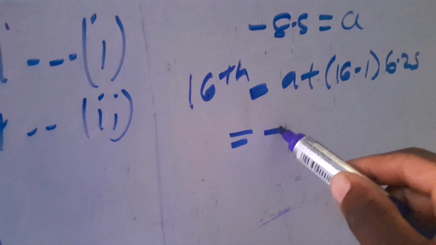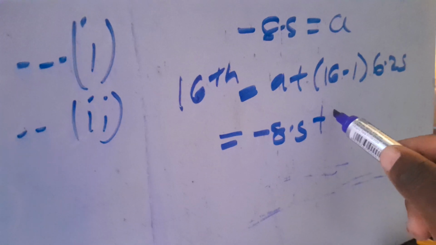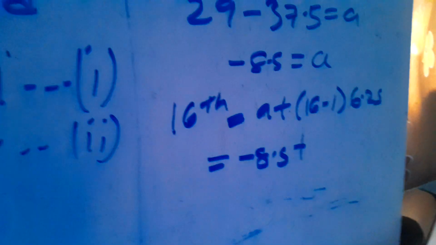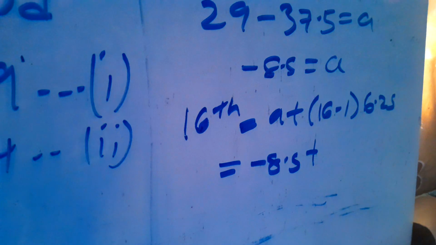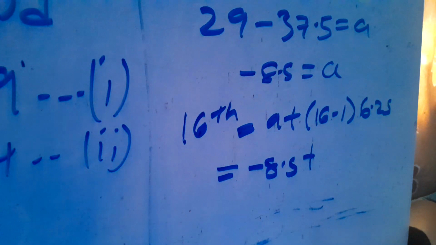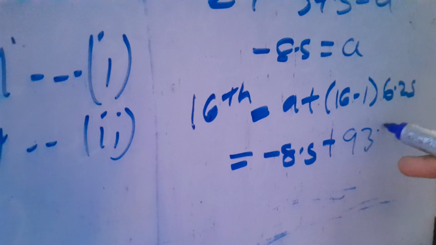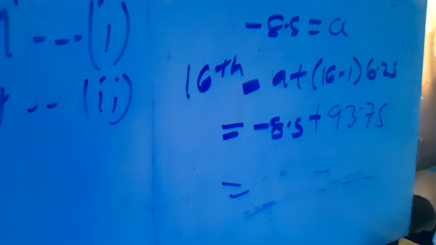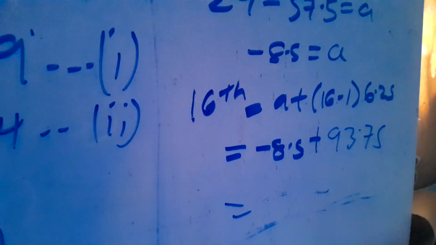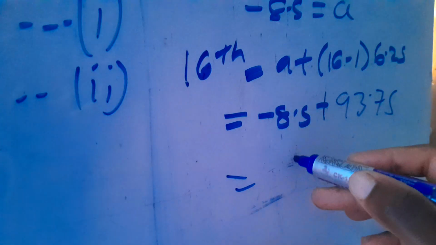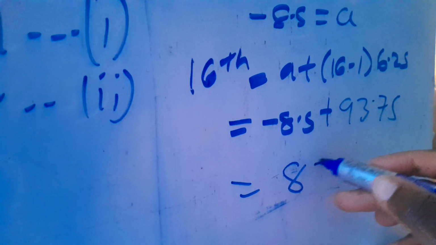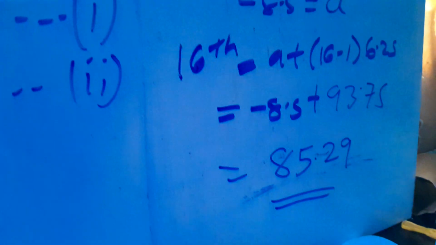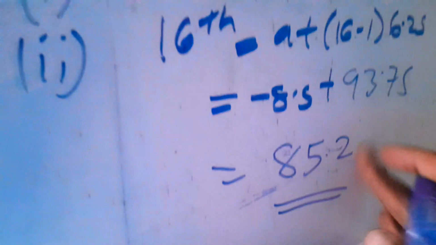Our A is negative 8.5 plus 16 minus 1, this is 15 times 6.25, which is 93.75. And now our 16th term is 85.25.